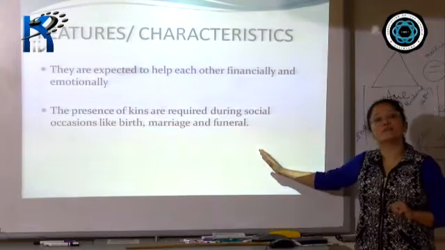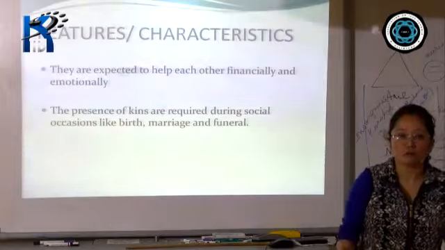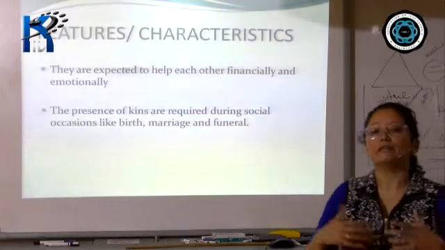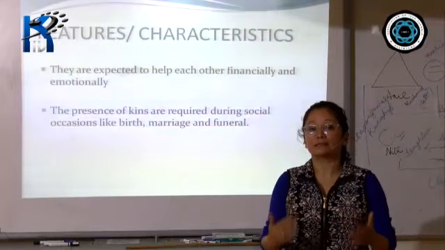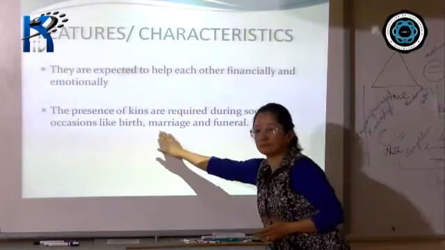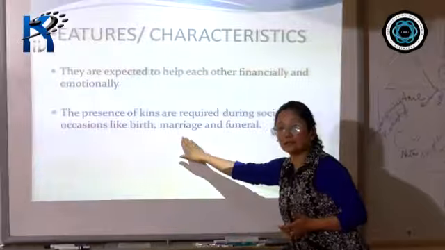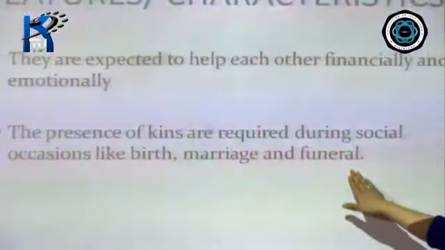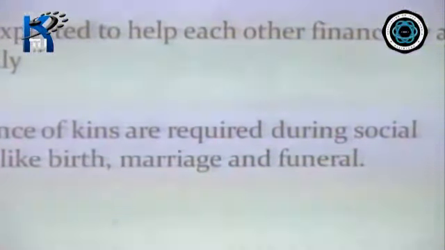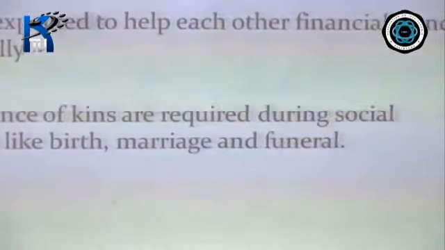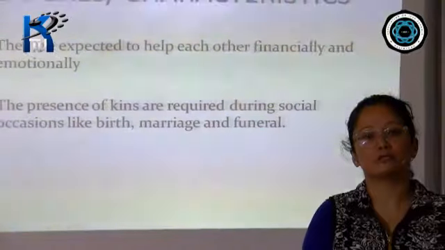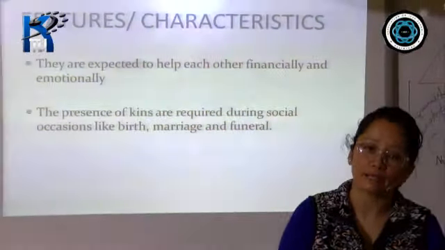Next is the funeral. In case of a loss of any family member, if anybody passes away, of course it is a very sad occasion. But see, we have two happy occasions here. We celebrated. But here, this is a very sad occasion. So if we can support each other during happy occasions, then definitely we have to support each other during sad occasions as well.